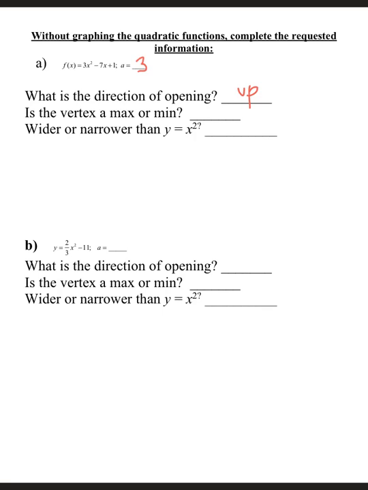If it's opening up, the vertex is going to be at the lowest point, which is the minimum. Is it going to be wider or narrower? Remember, it's going to be vertically stretched, so that means it's going to be narrower.